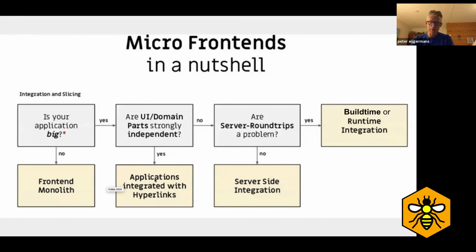Then you have to make the application with hyperlinks. And are the UI parts not strongly independent? Then you can choose for server-side integration when the server round trips are not a problem, or when it is a problem, a performance problem for example, then you can choose for build time or runtime integration.